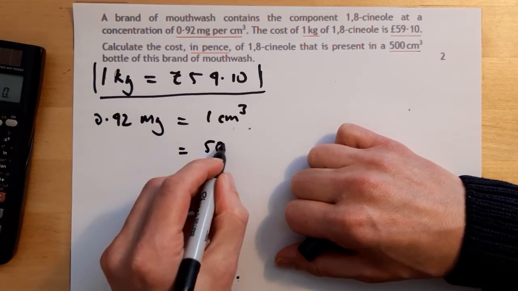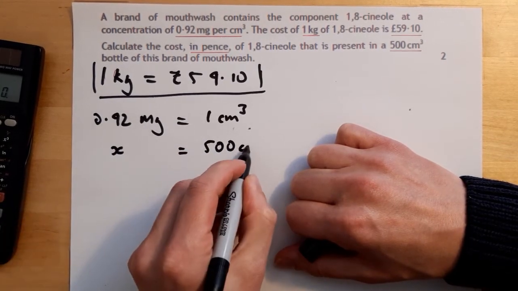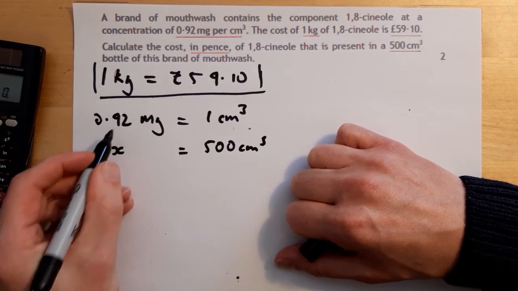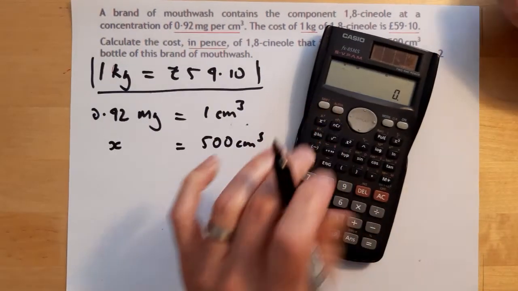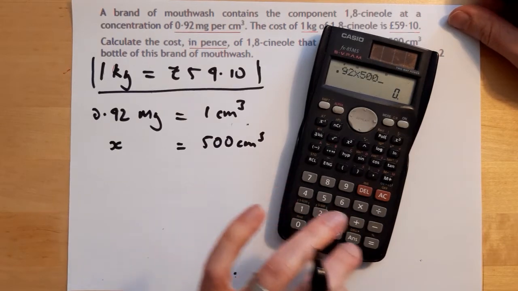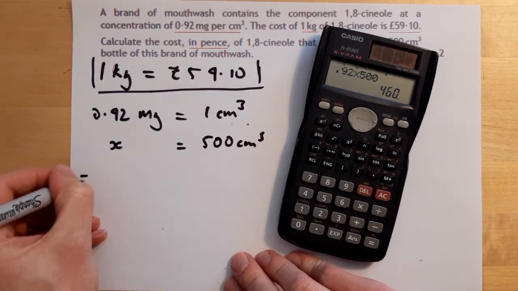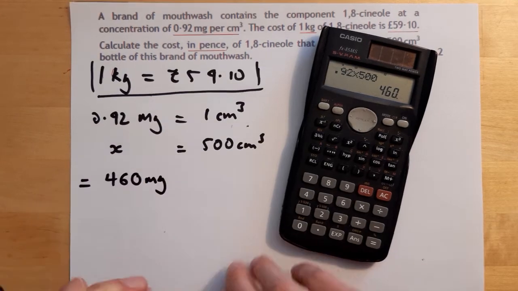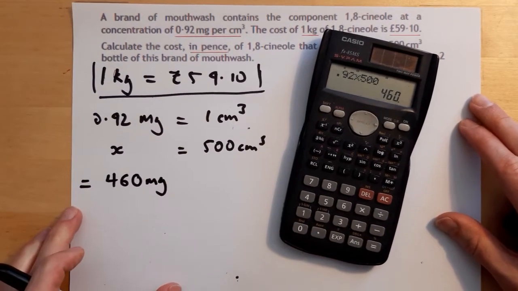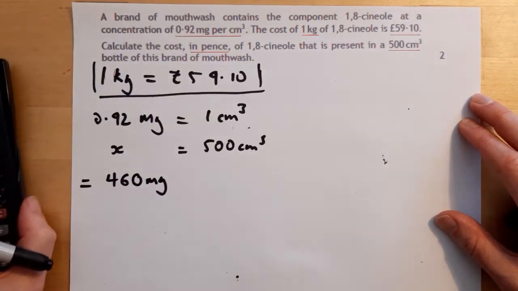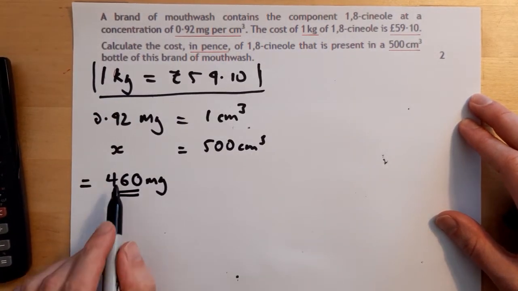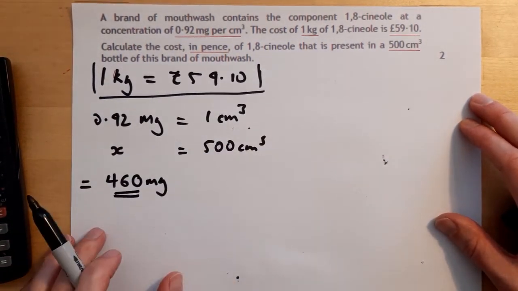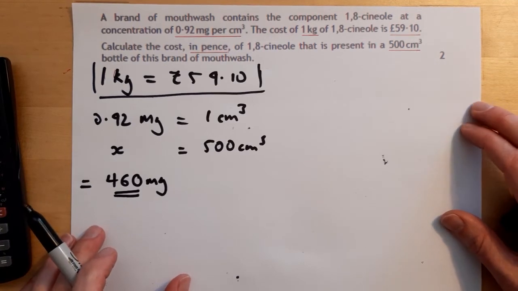So what is it in 500 centimeters cubed? Well, simply we just times 0.92 times 500. So in a 500 centimeters cubed bottle of this mouthwash, we have 460 milligrams of the active ingredient.